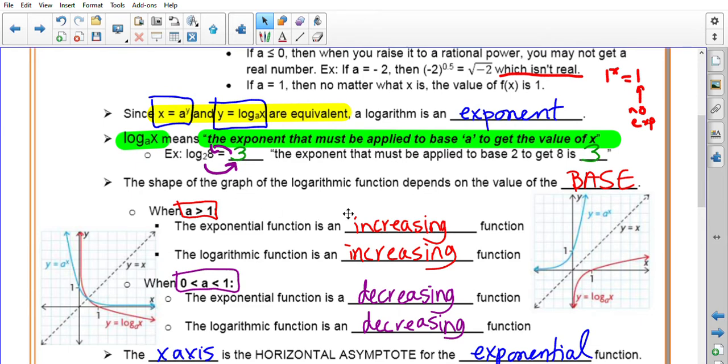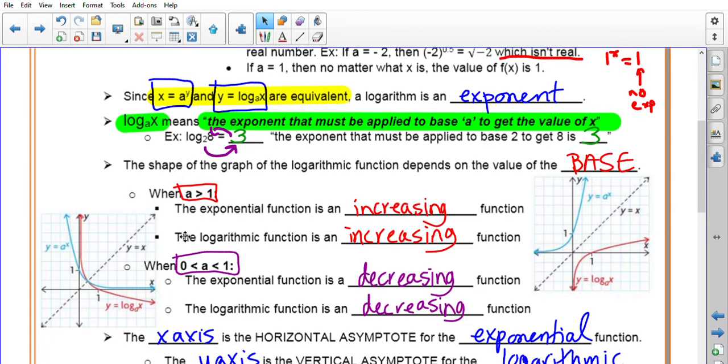The shape of the graph of the log function depends on the base. Remember, when a was greater than 1, the original parent exponential function was increasing.